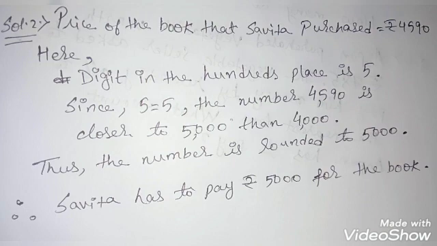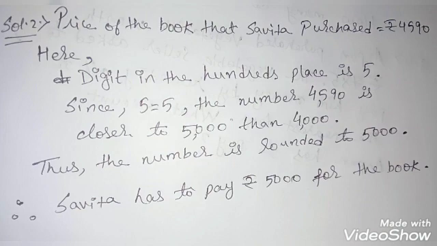It is 5. Since 5 is equal to 5, the number 4,590 is closer to 5,000 than 4,000. I already discussed that 4,590 comes between which two round numbers of 1000? It comes between 4,000 and 5,000.